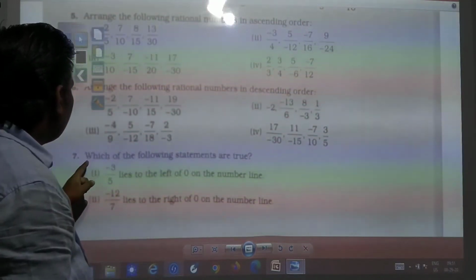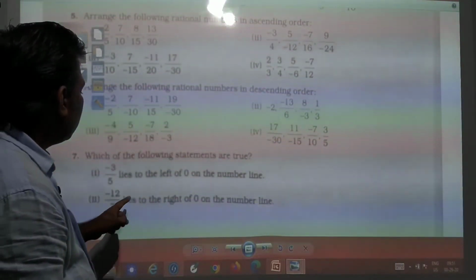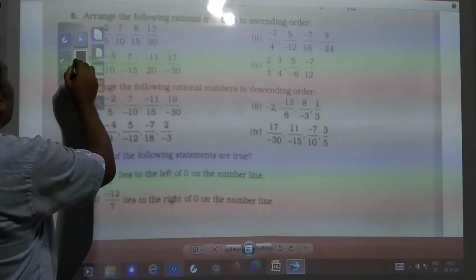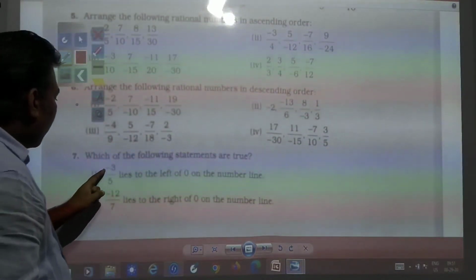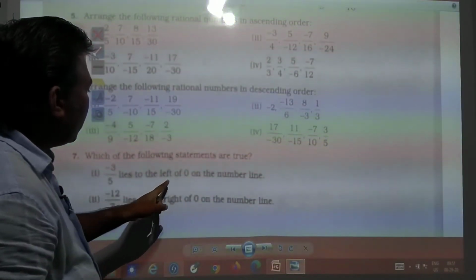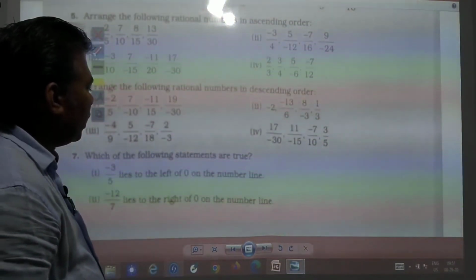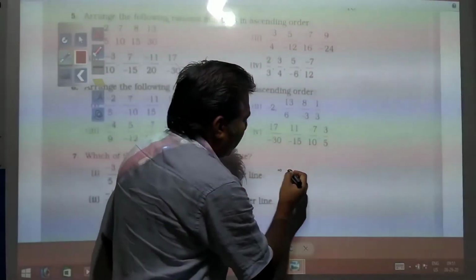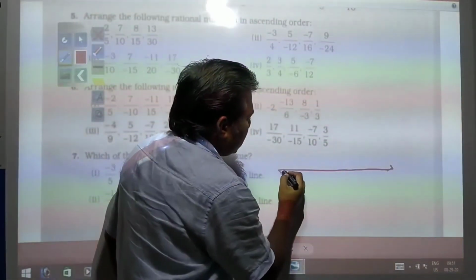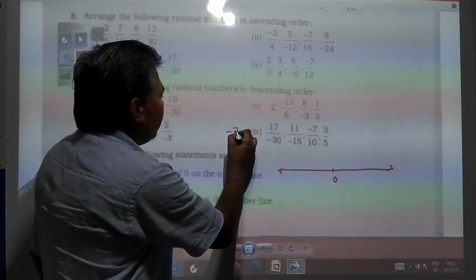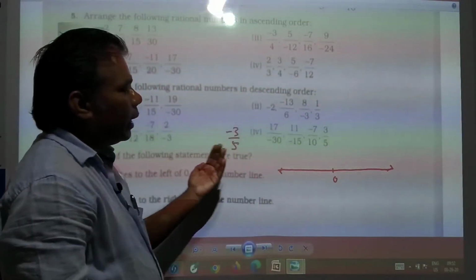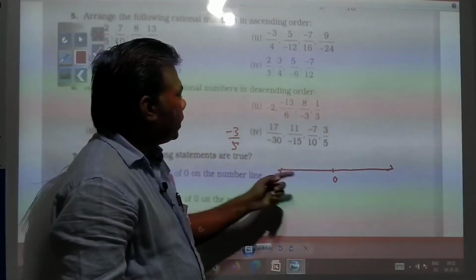Now the next question we have: which of the following sentences are true? Minus 3 by 5 lies to the left of 0 on the number line. If you have a number line like this, suppose this is 0 and you have minus 3 by 5. Which side will it be, left side or right side?